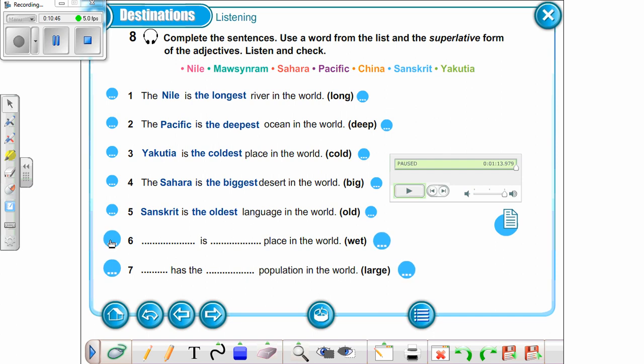Number 6, Mosinram is the wettest place in the world. And number 7, China has the largest population in the world. And population means the number of people who live in it.